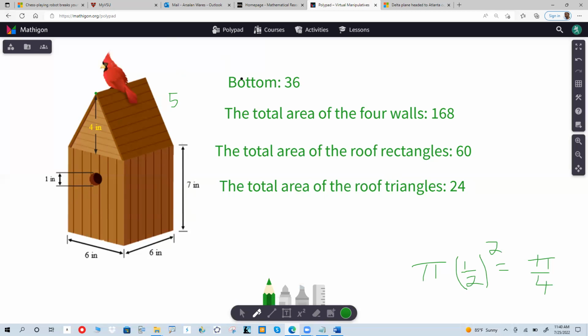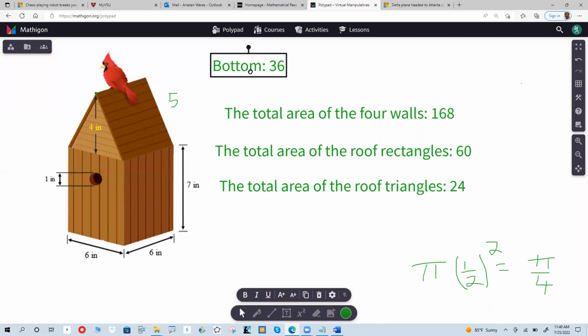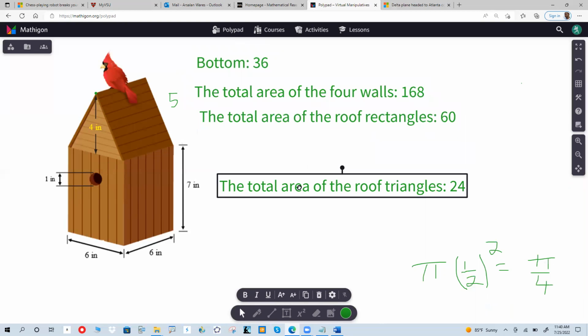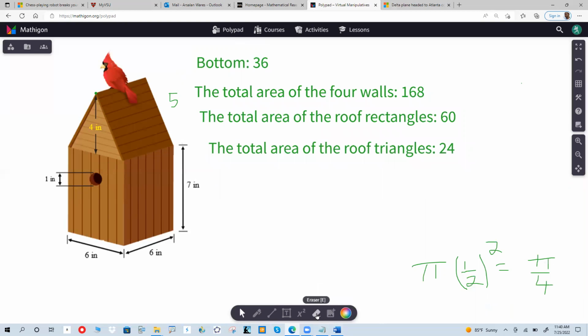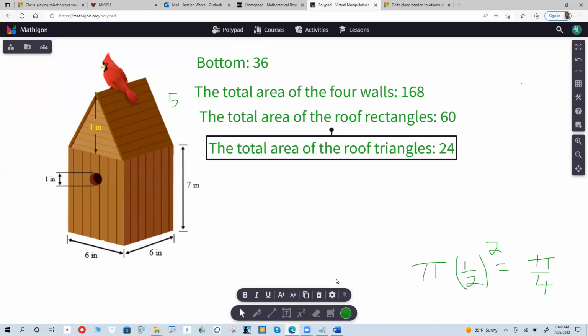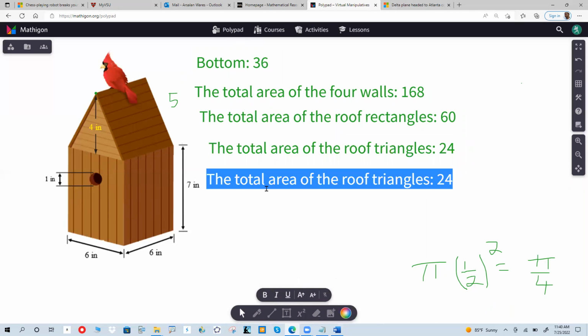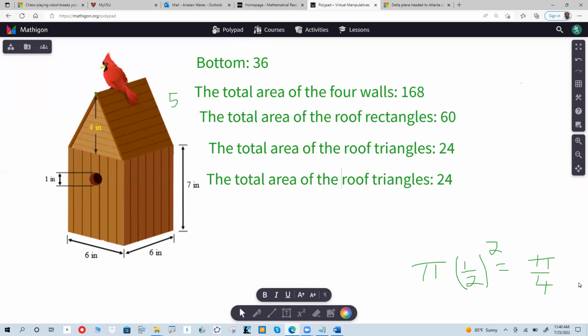Okay, so let's see how we do it. So basically, guys, pi over 4. Now, I don't have a good way of writing pi over 4, but we'll see what we can do. Okay, the total area of the circular hole, I'm just going to write round hole, is actually pi over 4.